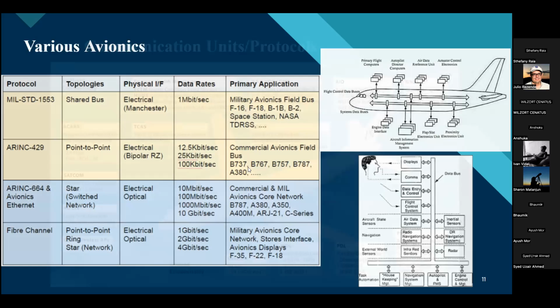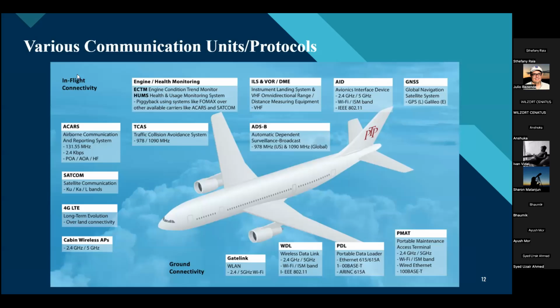And this is a picture showing the various communication units, antennas or protocols which are used in an aircraft. So we have ACARS, SATCOM, 4G, cabin wireless APs, TCAS, ADS, GNS.